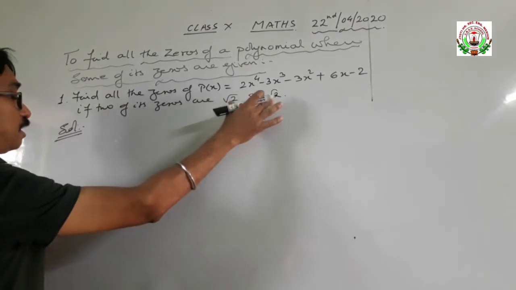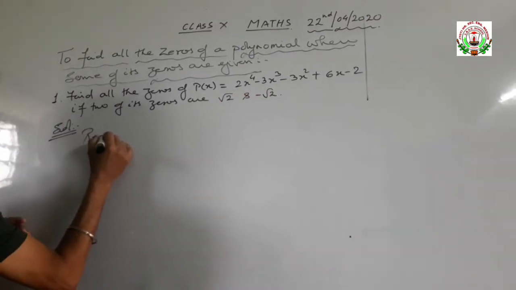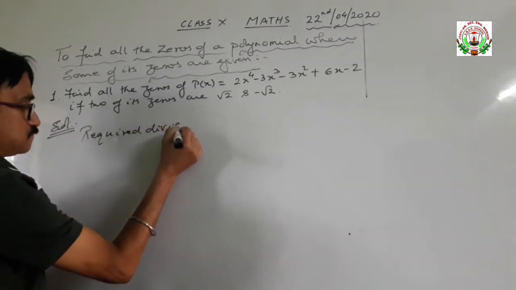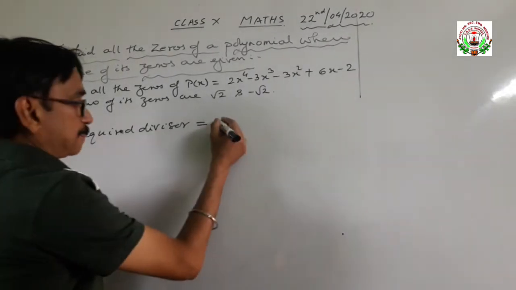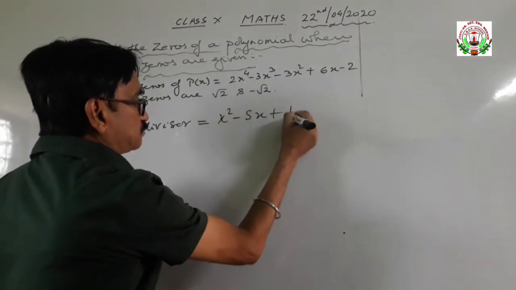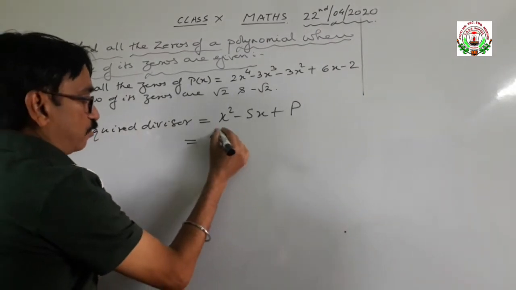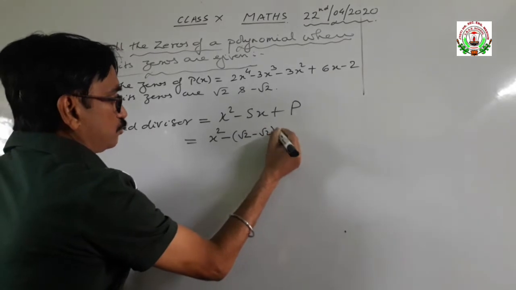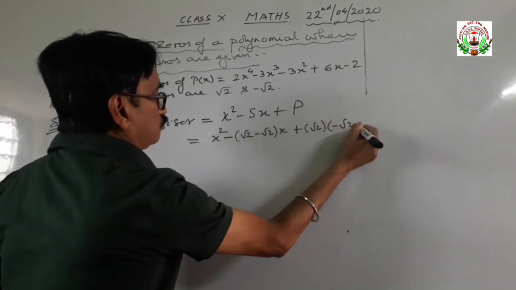The 2 zeros are given. So the required divisor is given by the formula x square minus sx plus p, where s is the sum of the roots. So root 2 minus root 2 into x plus root 2 into minus root 2.